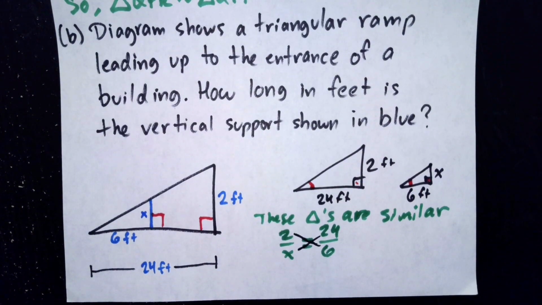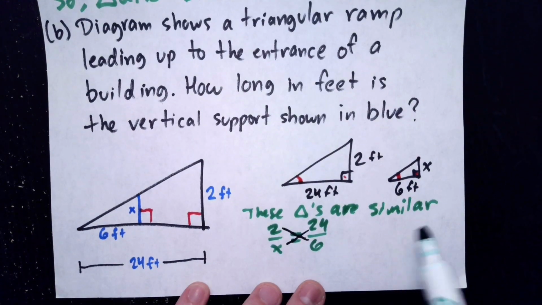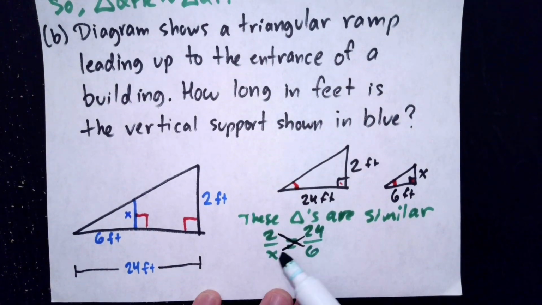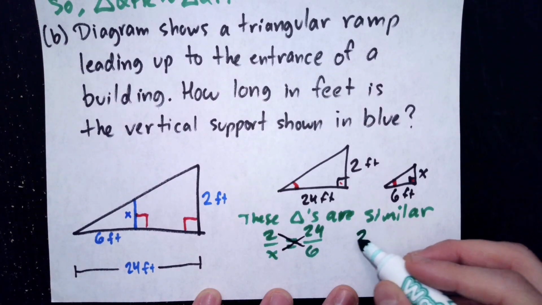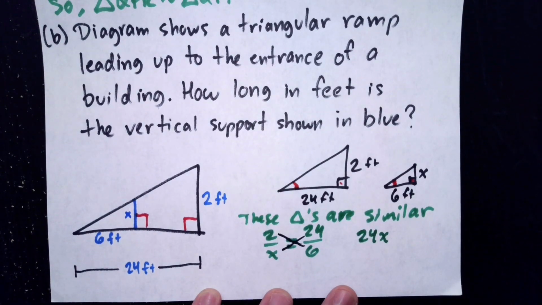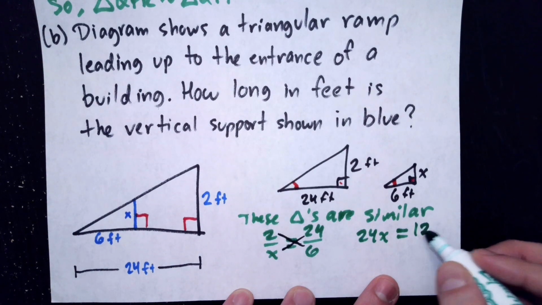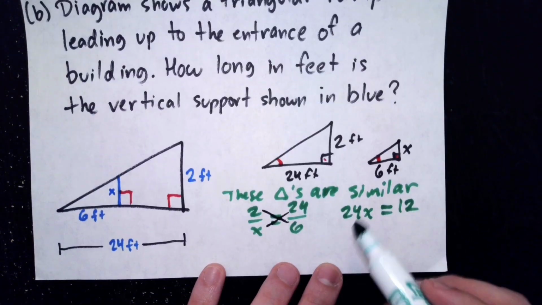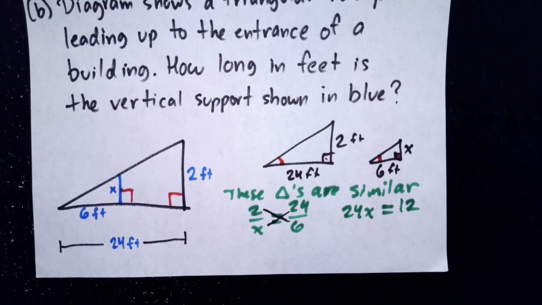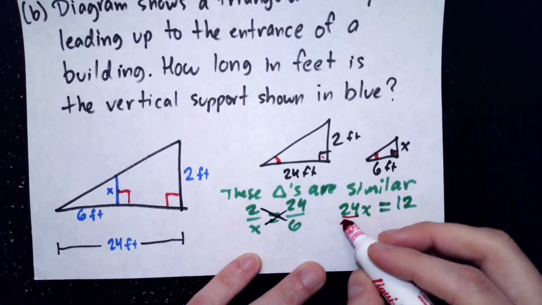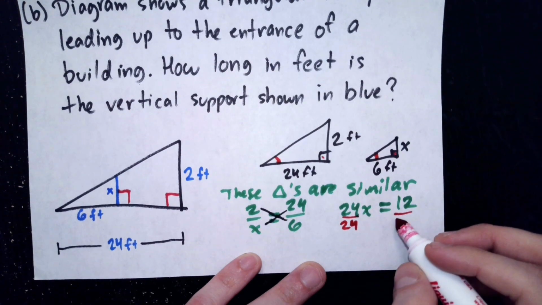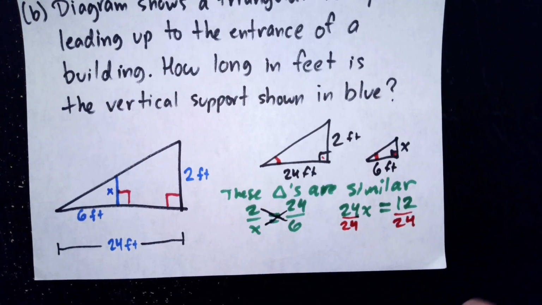In order to continue solving this, I'll continue this right here on the side. 24 times x is 24x. And this should be equal to 2 times 6, which is 12. And then lastly, we're going to divide both sides by 24 to isolate my x.